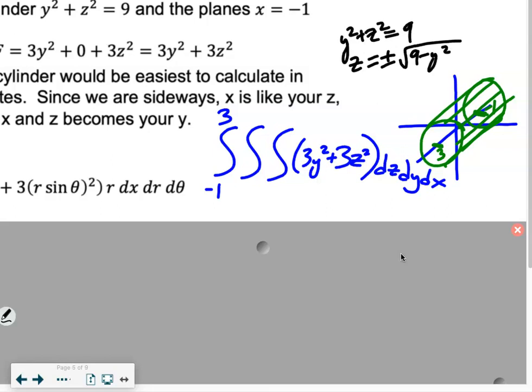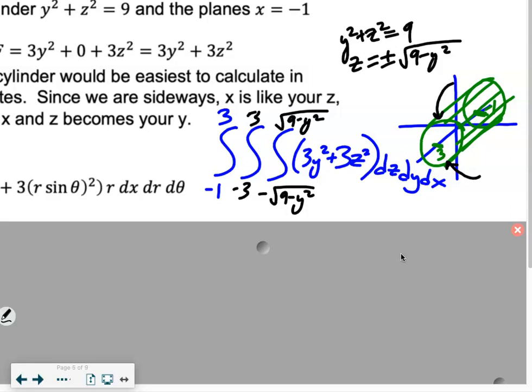So z goes from negative root 9 minus y squared to positive root 9 minus y squared, and your y's go from negative 3 to 3. So this would be the setup in rectangular.